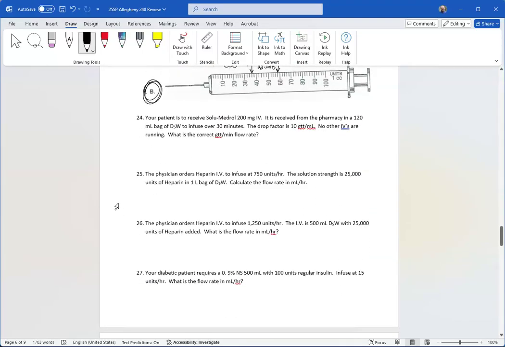I didn't get to go through these last time, but this is what you saw in 230. Some of these flow rate questions with the heparin. I'll work through these two here. What this question is asking you to do is take units per hour and convert it to milliliters per hour.